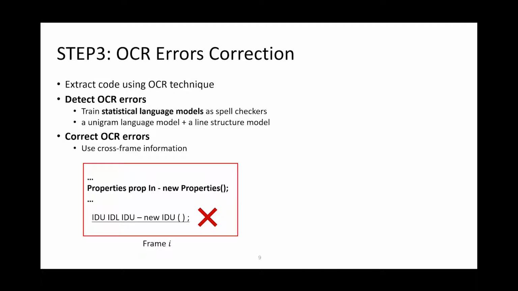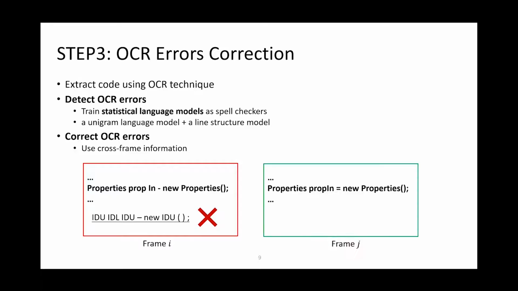Here, IDU and IDL represent identifiers starting with upper and lower characters. However, in frame J, this code line is correctly recognized. So fixing a detected error code line is pretty straightforward. We match it with correct candidate code lines using edit distance and replace it with the matched correct counterpart.